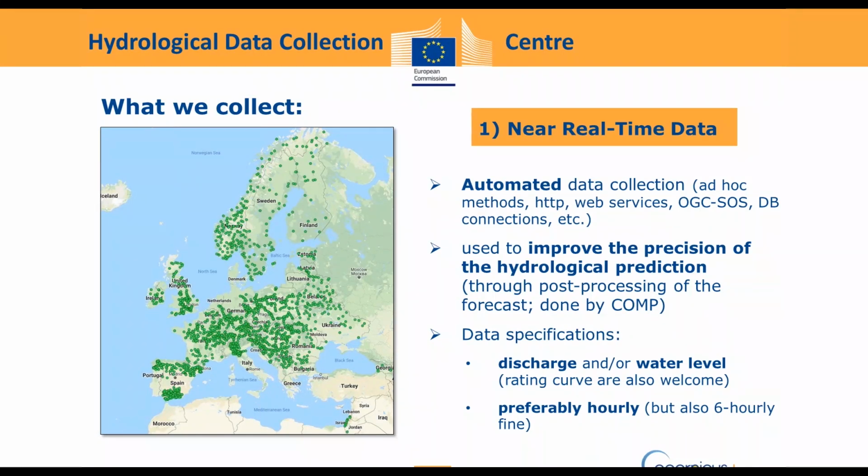They are automatic data collection using ad hoc methods depending on the partner, such as HTTP, web services, OGC, SOS, DB connection, etc. These series are used to improve the precision of the hydrological prediction through post-processing of the forecast, done by the computational centre. The data specification we need is discharge and/or water level, and rating curves are also welcome.